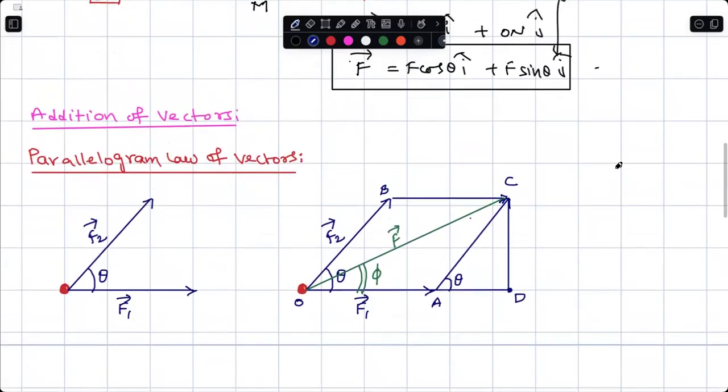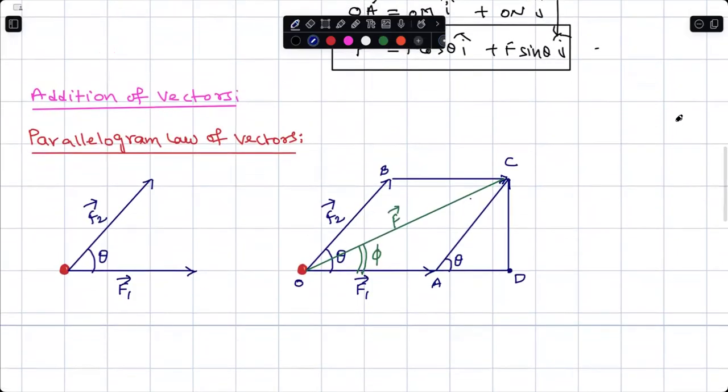Right. Now, you see, I can have a right angled triangle, which is ODC. Also I have another right angled triangle ADC. Please don't forget, wherever AD is available, I can write AC cos theta.